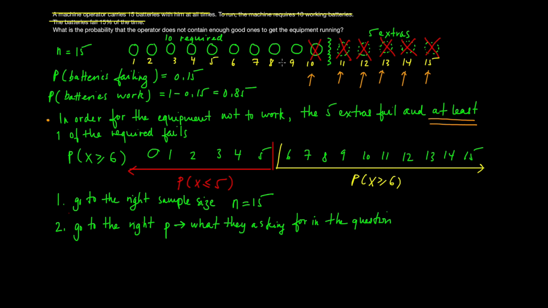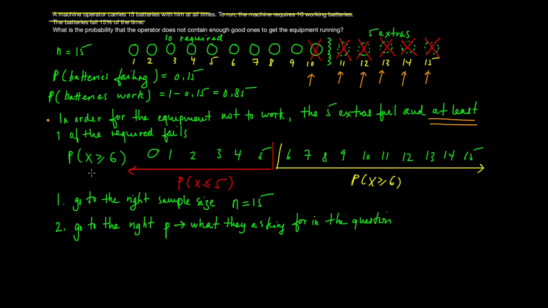They want the probability that the operator does not contain enough good batteries to get the equipment running, right? Now, do you remember how I was doing P of X equals greater or equal to 6? What does that imply? That implies that I'm using the probability of failures as my P, right?